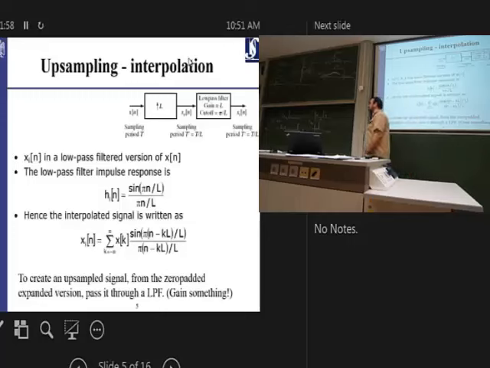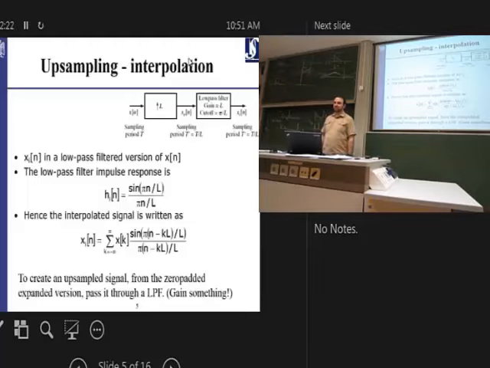That post-filtering, you know that the low-pass filter I already presented in the previous lecture, or maybe two lectures before, an ideal low-pass filter corresponds to a sinc function. So what we're trying to do using that low-pass filter, which in the time domain corresponds to a sinc function, is using that sinc function as the interpolator between any two samples of the signal.